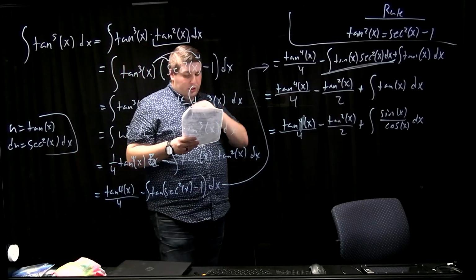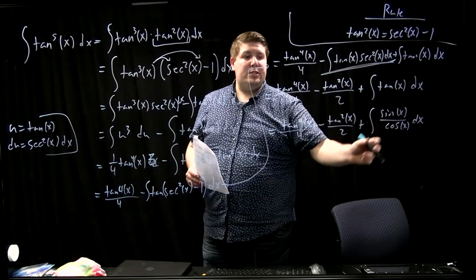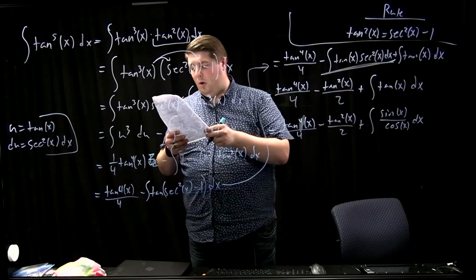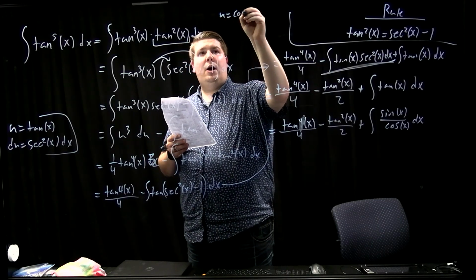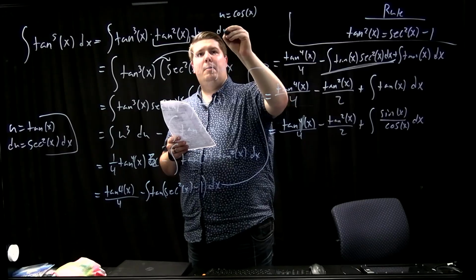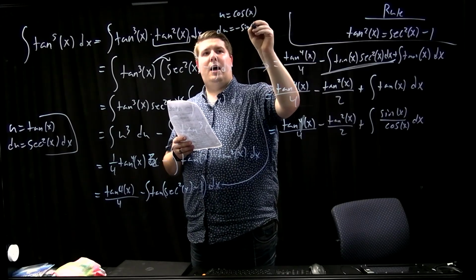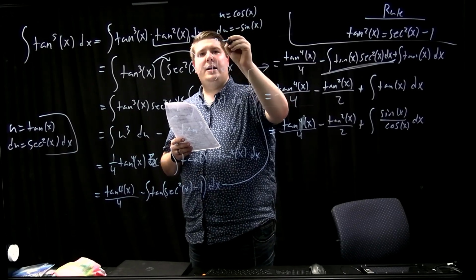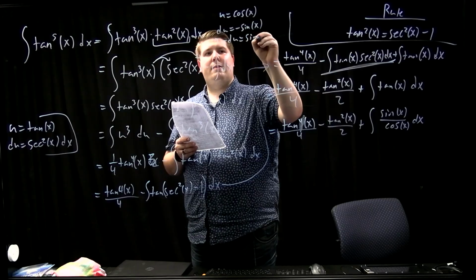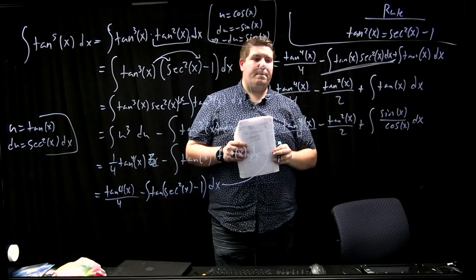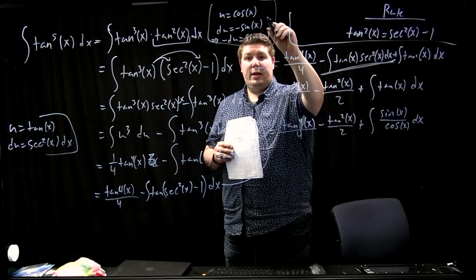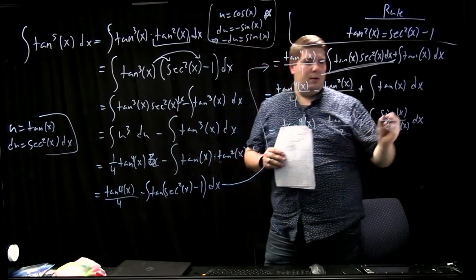So what I want to do is use u substitution with this. Now, what I'm going to do here is make u my cosine of x, and I'll make du my negative sine of x, which means that my negative du is equal to sine of x. I'm using this right here, this star, for this.